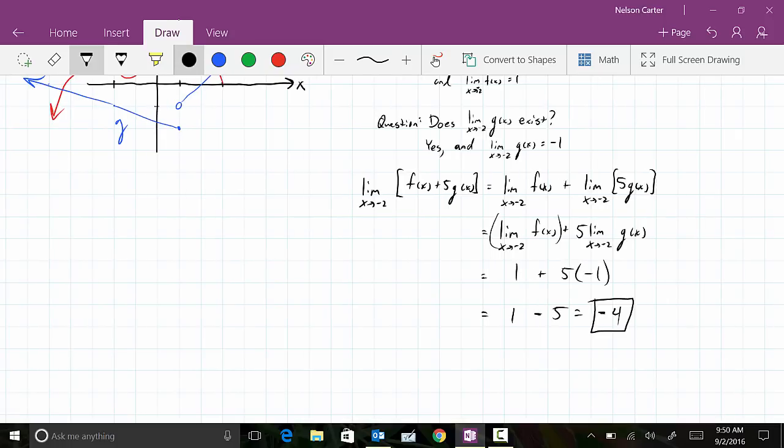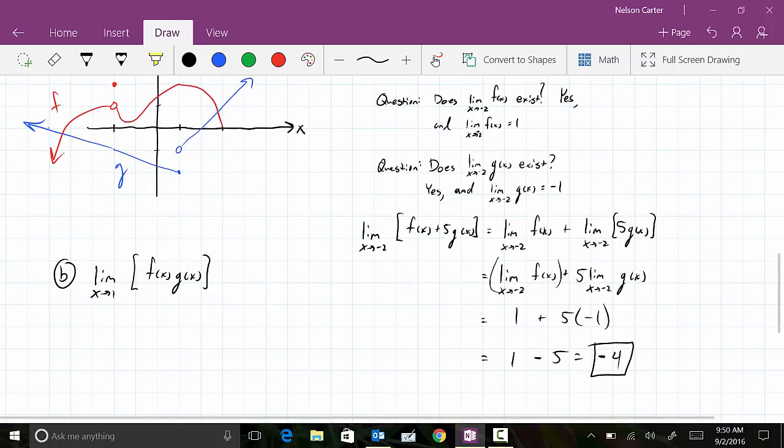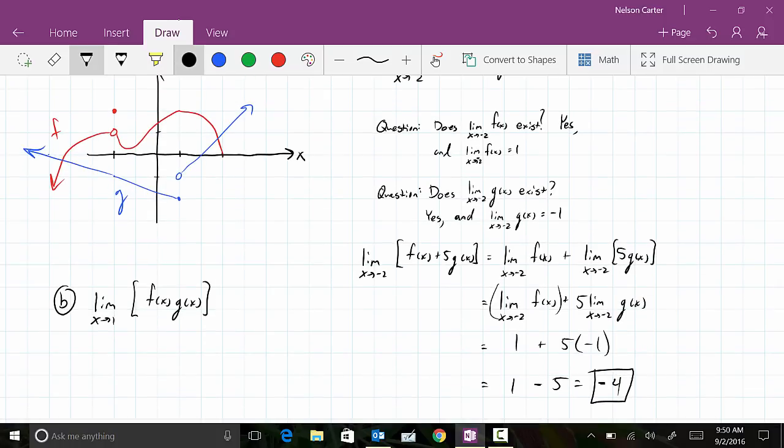Part B asks us, what is the limit as x approaches 1 of f of x times g of x? Well, let's look at 1. If we notice, for f, the limit's going to exist, no problem.